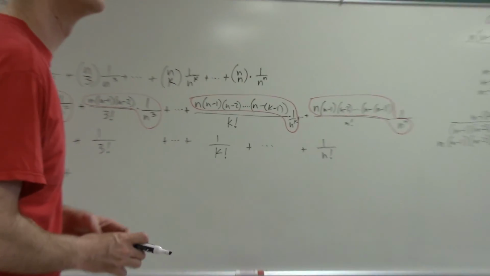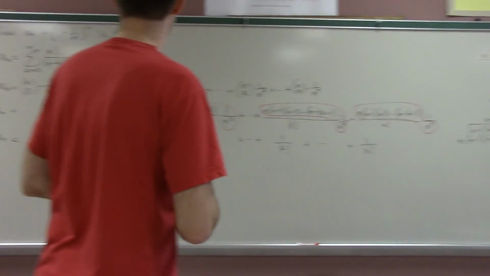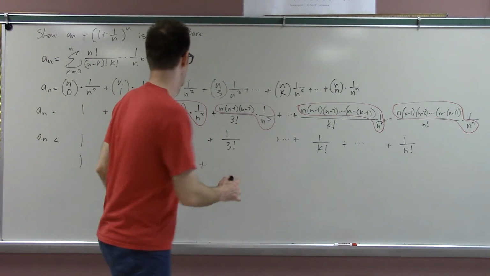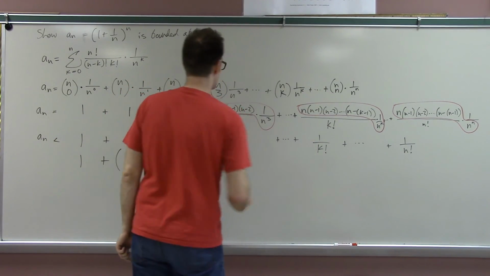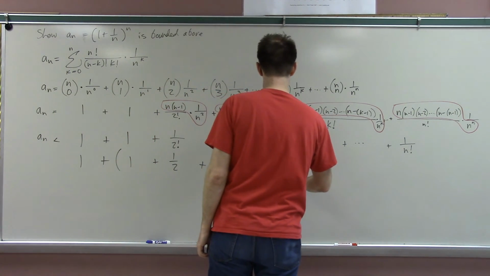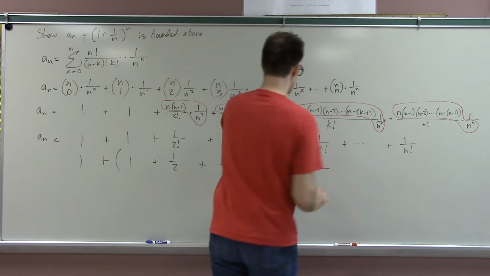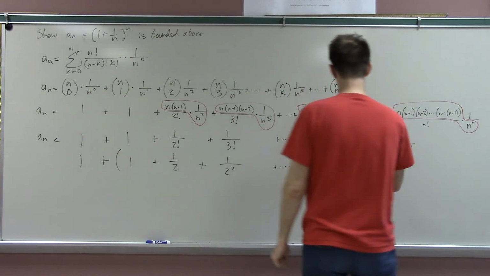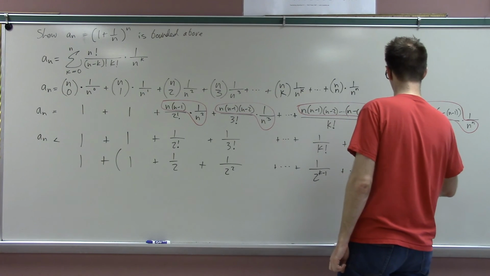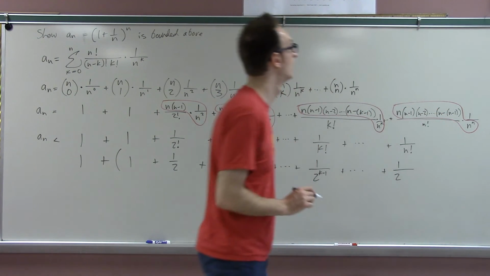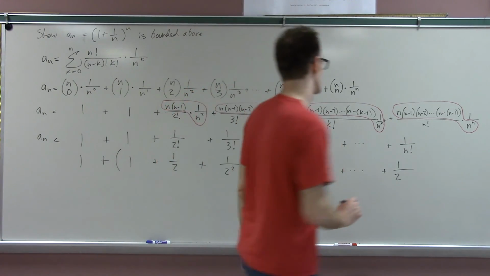Yeah, back over here. So now what I'm going to do is replace each of these, this 3 factorial with 1 over 2 squared, and this is 1 over 2 to the k minus 1, and the final one is going to be 1 over 2 to the n minus 1.